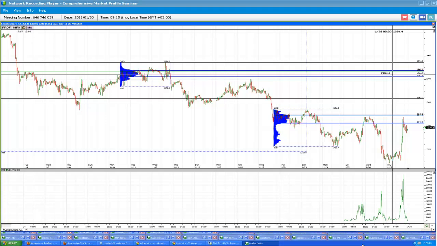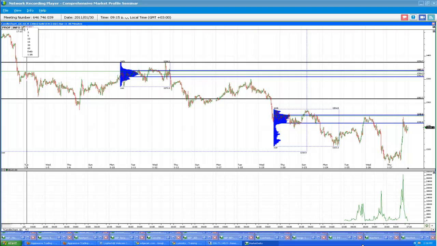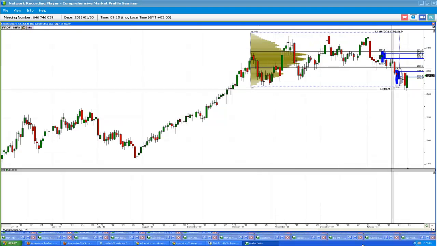But at any rate, two of the standard setups we have are an FBO1, an FBO2, and a ping pong. Okay, in the case of a failed breakout, the failed breakout trades will all happen when you have balances of any type. But in this case, it's a big balance, and there's an attempt to break out of the range of the balance, and you come back inside the balance.